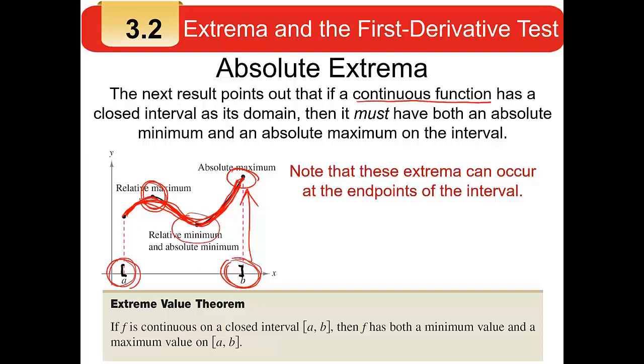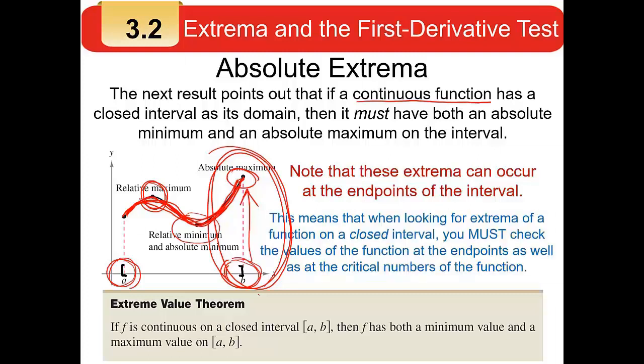So all I'm saying is, when you're talking about absolute extrema, you have to get the relative extrema as well, but you also have to throw in the endpoints, because the endpoints could be a place where the absolute max or min occurs. So you have to take the relative extrema, get those, and then you have to throw in the endpoints. Always, you have to throw the endpoints in when you're looking for absolute extrema.